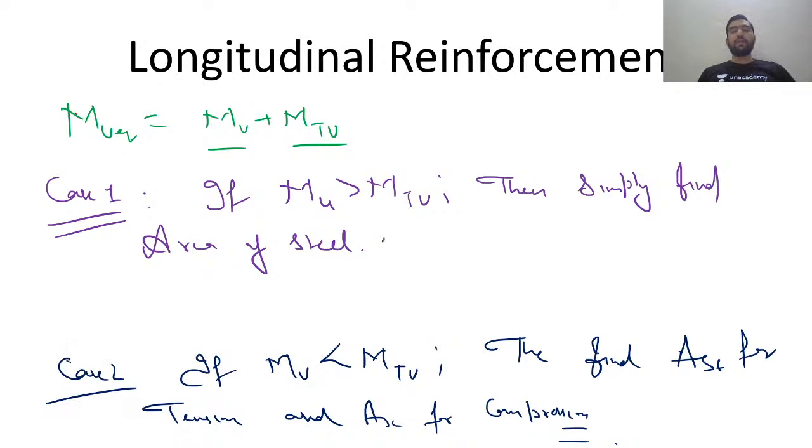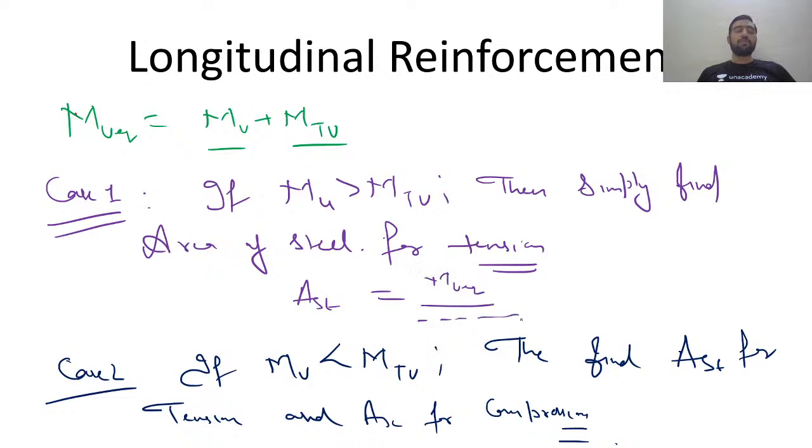And how can I get the value of Ast here? So this Ast can be simply equated with the moment of resistance formula. So here Ast will be equal to Mu equivalent, same 0.87 fy like that.